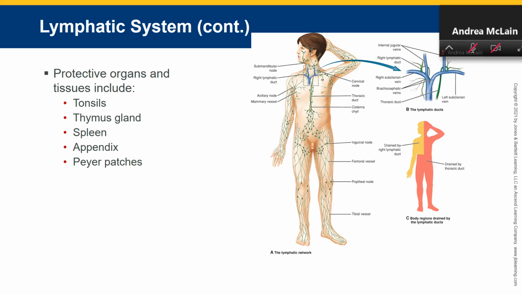And Peyer's patches are interesting. Those are tissues in our abdomen, and they're sort of a site where we talk about the good bacteria in our body and some of the systems that we have.